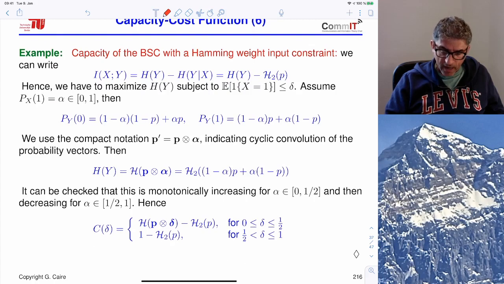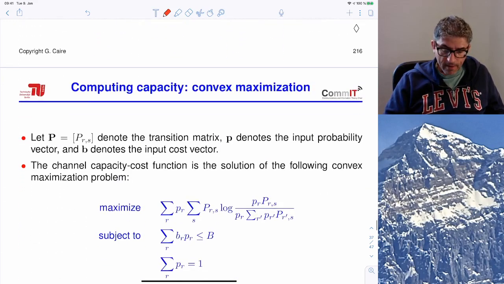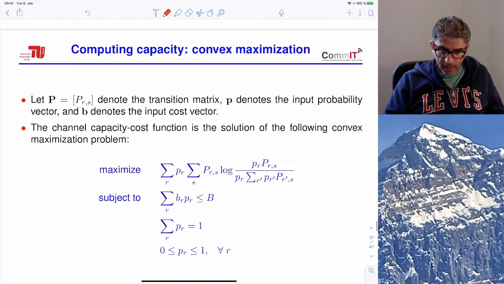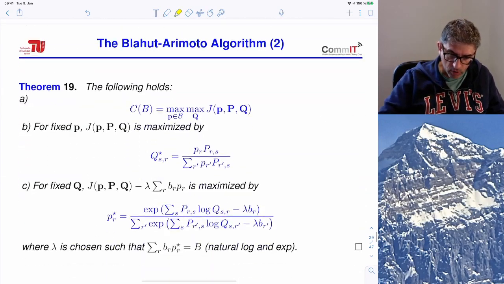We also have examples if you want to see. We will go through these in the live session, because again, it's a little bit tedious. What I want to do at this point is spend a couple of words on how to compute capacity.